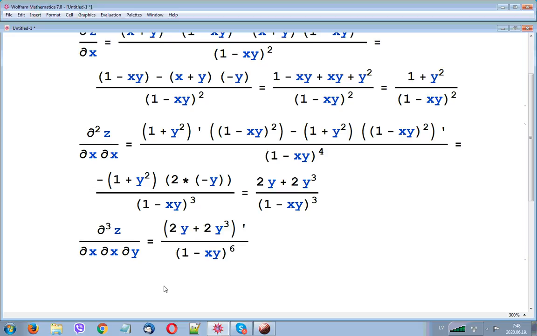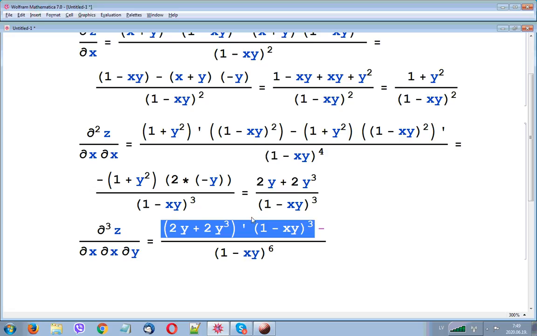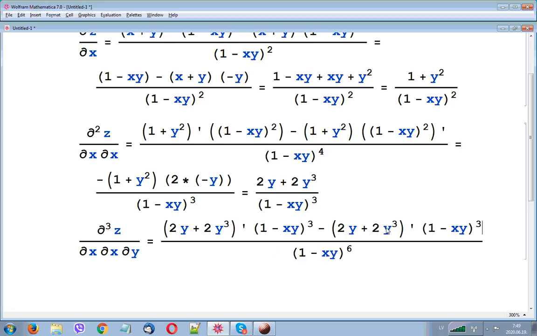Now we derive by y and multiply by this one, and then I can get this brackets away, and here minus, we can put everything here, and it will be this multiplied by the derivative of 1 minus x cubed, but by y.